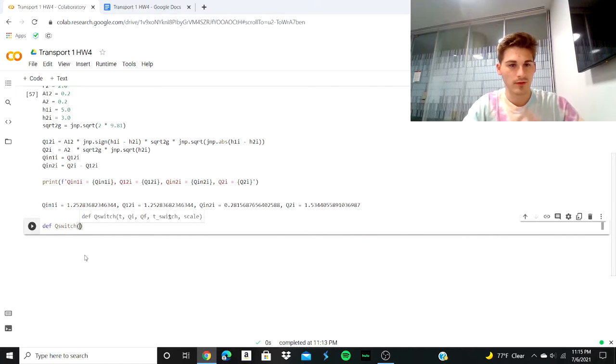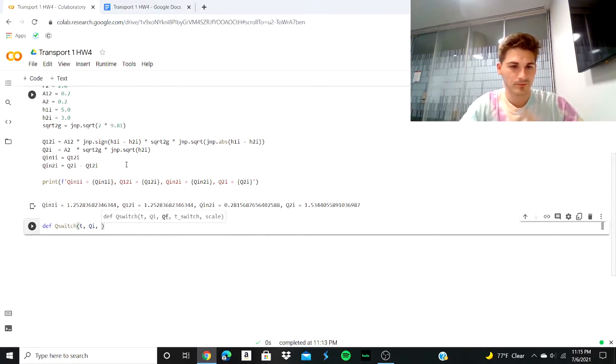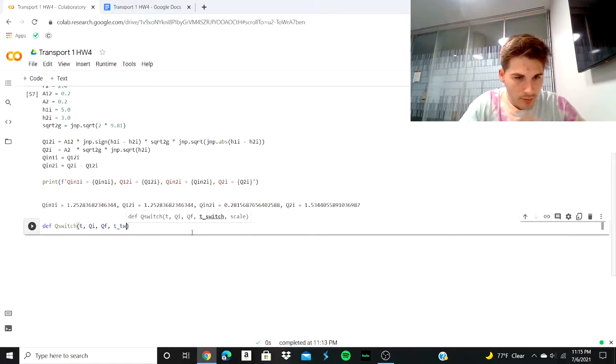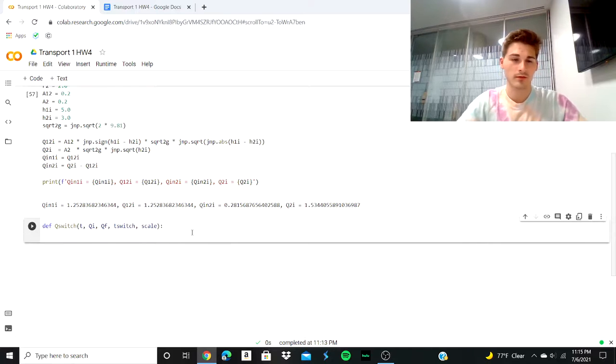So we'll give it a time interval, and then our initial and final flows, and then a time to make the switch at, and then a scale. The scale is going to be the same for the first and second inlet flow switches. It's just going to be 1/1000th.